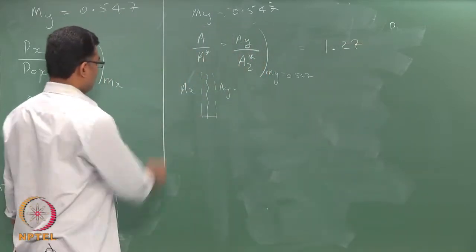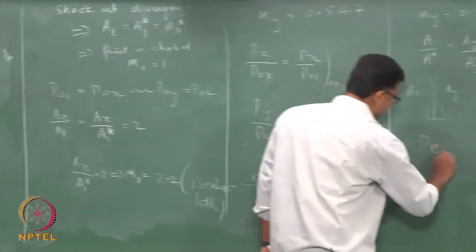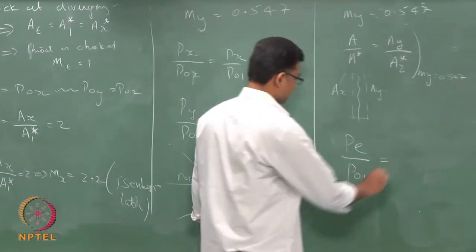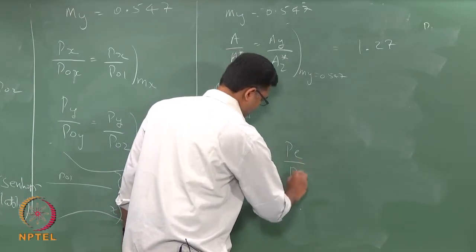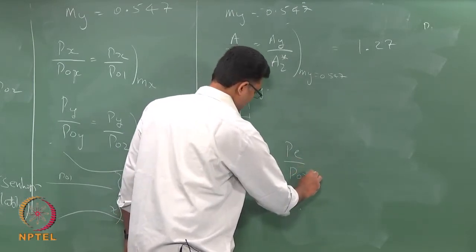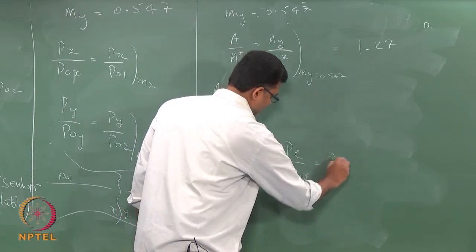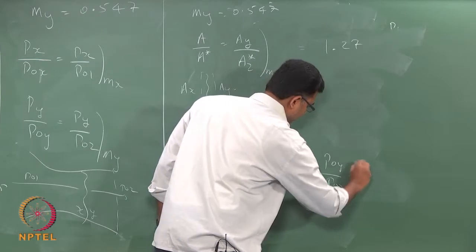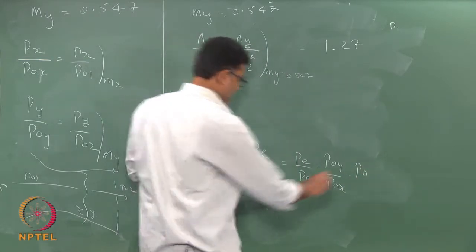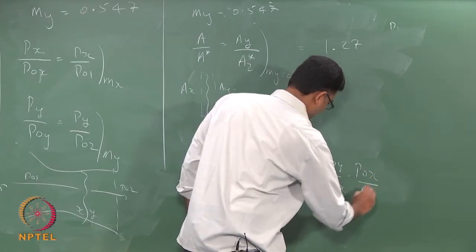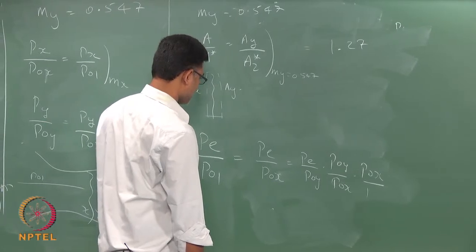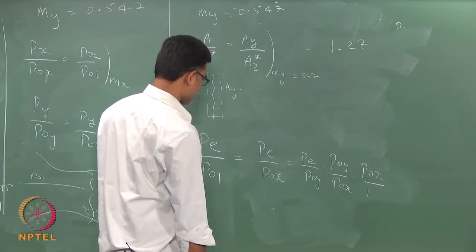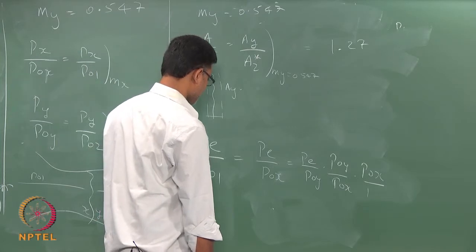Okay. Now I know my Ax, so I need to find P exit by P01, which I can rewrite as P exit by P0x, which is P exit by P0y into P0y by P0x into P0x by P01.